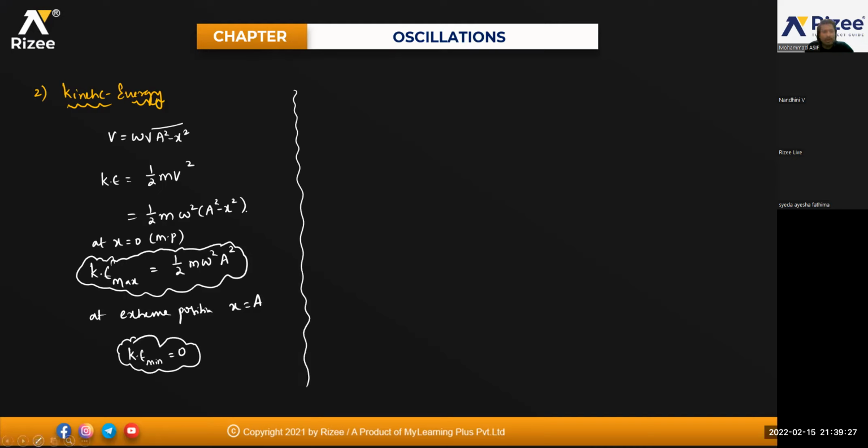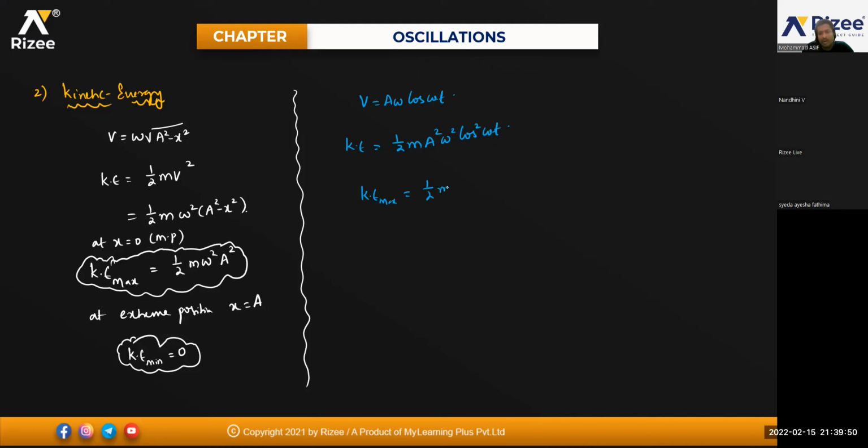Okay. We can even write the kinetic energy in terms of time better. We know the formula, V is equal to A omega into cos of omega into T. So kinetic energy will be equal to half into M into V square, that is A square omega square into cos square omega into T. So kinetic energy will become maxima when cos square value is equal to 1.